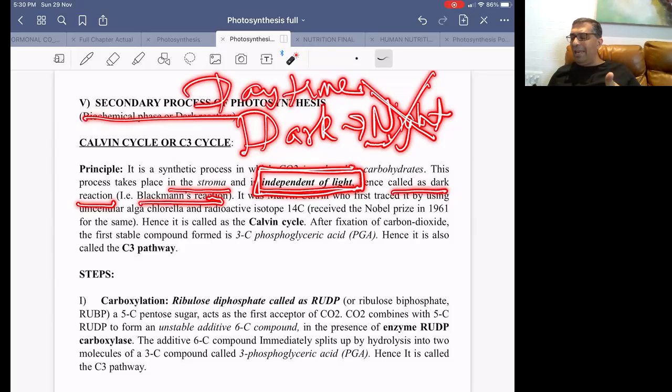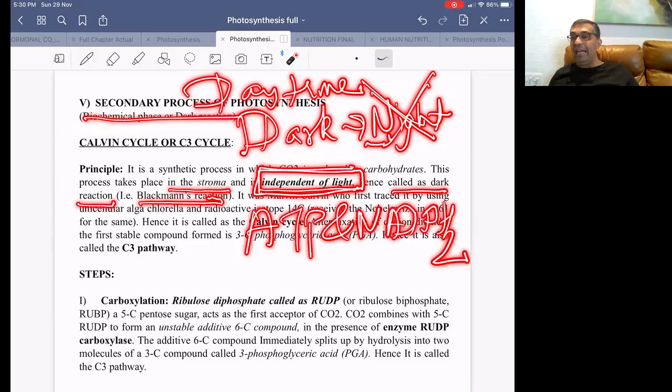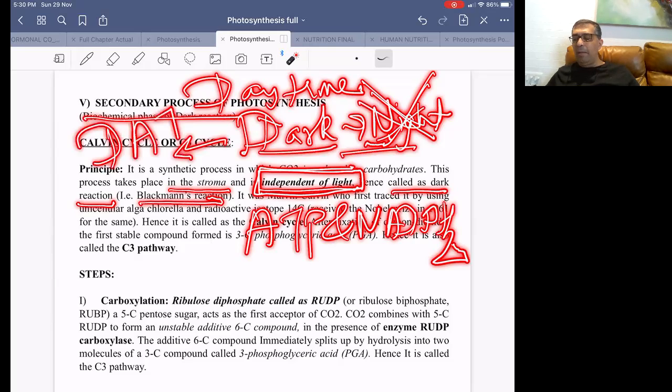It depends on ATP and NADPH2. So when will dark reaction take place? In the daytime. Though it is called dark reaction, it does not take place at night, it takes place in the daytime.